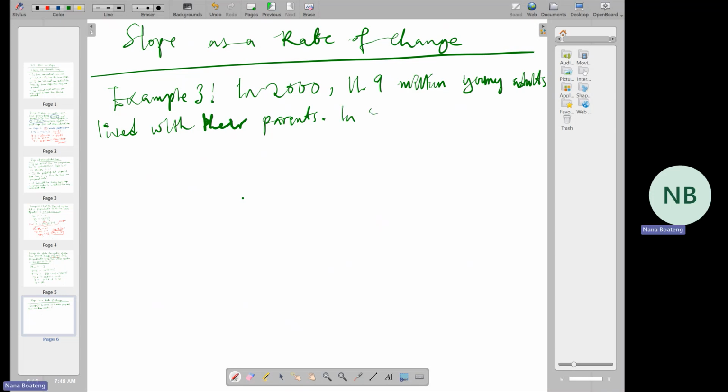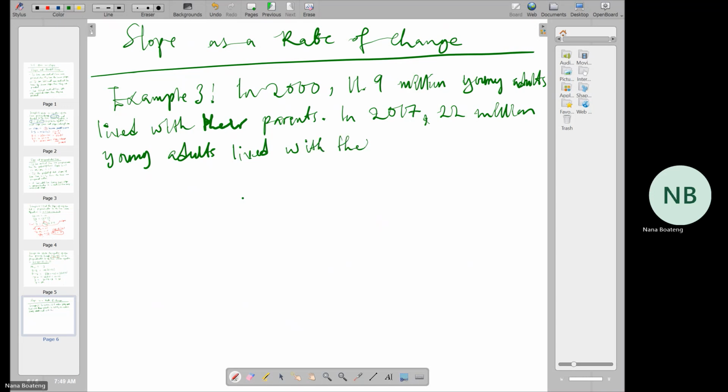In 2017, 22 million young adults lived with their parents.